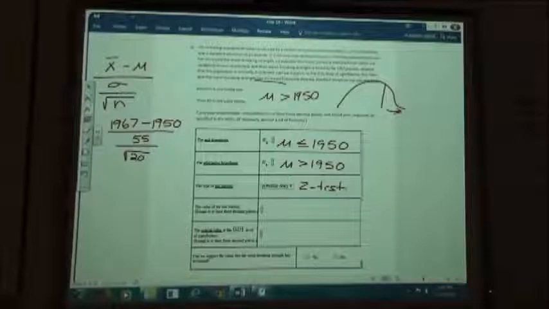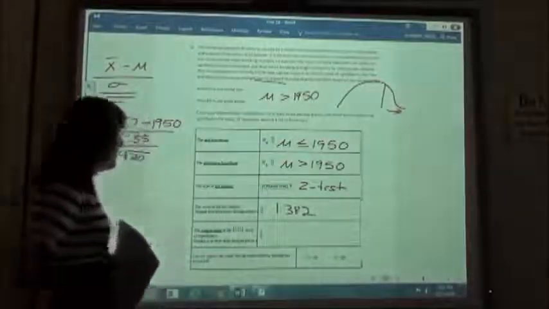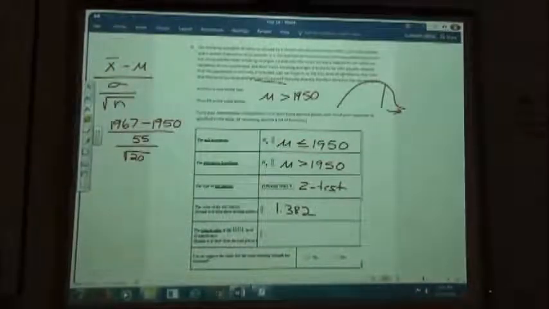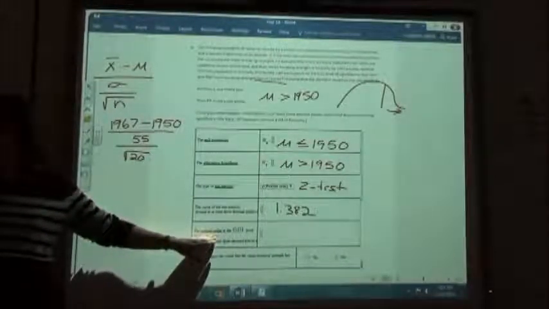So if I calculate that out, you can do that either on your regular calculator or on the Aleks Calculator. Yep, 1.382 is going to be the value of our test statistic. Now this time notice they're not having you find the p-value, you're finding the critical value.